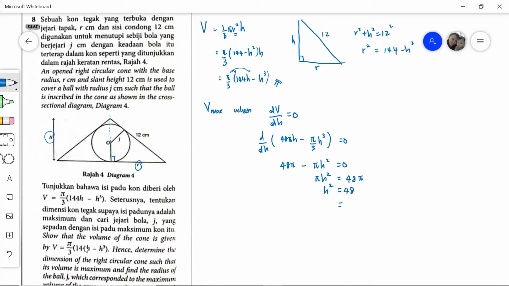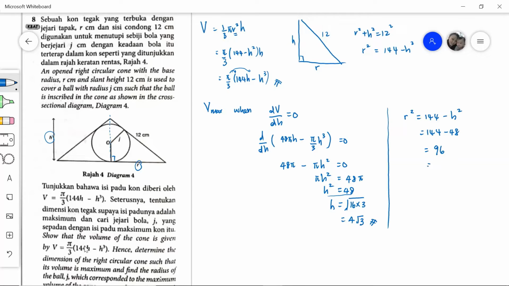And 48 can be written as 16 times 3. So h will be the square root of 16 times 3, which is 4 root 3. So we have found h. Then from there, we can find r, because r squared equals 144 minus h squared, which is 144 minus 48, because h squared is 48, and we have 96.